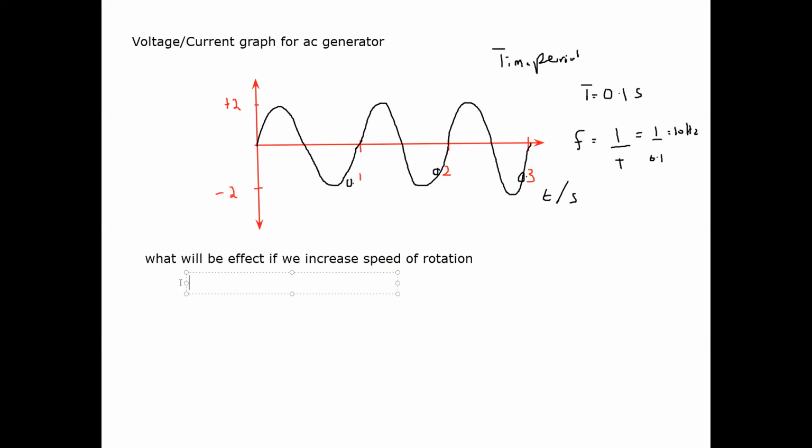Because if we move it faster, it will produce higher voltage, a shorter time period, and high frequency. So the frequency, the number of vibrations, will increase, and the voltage output will also increase.